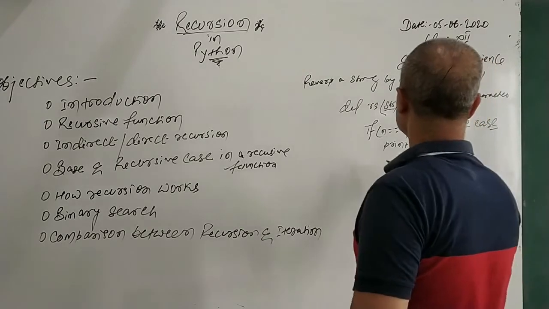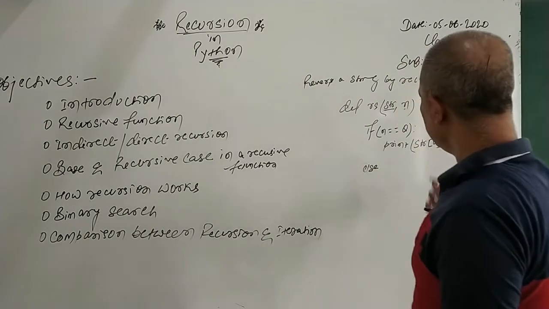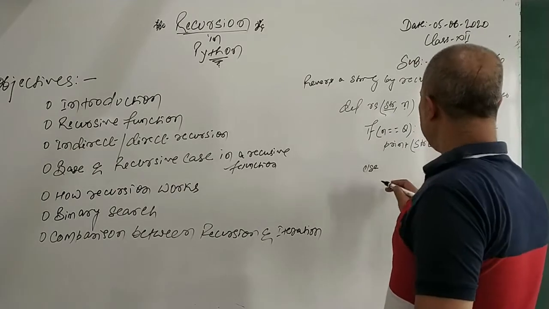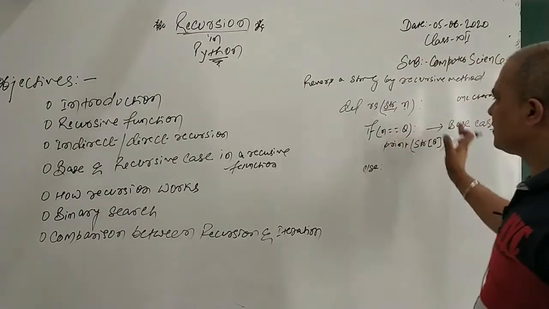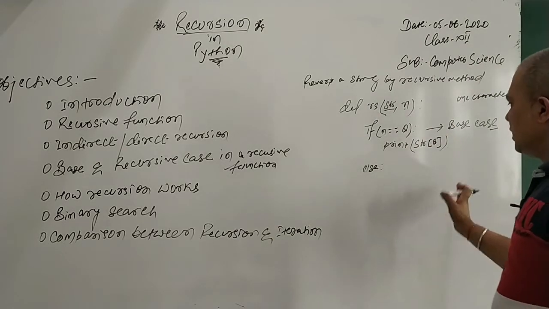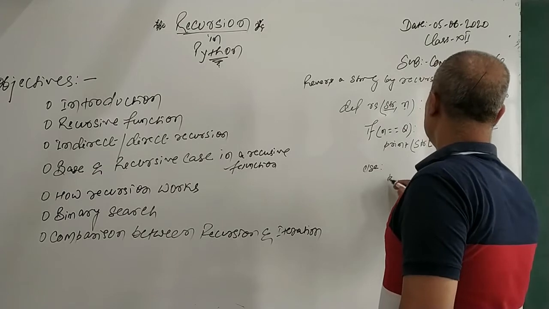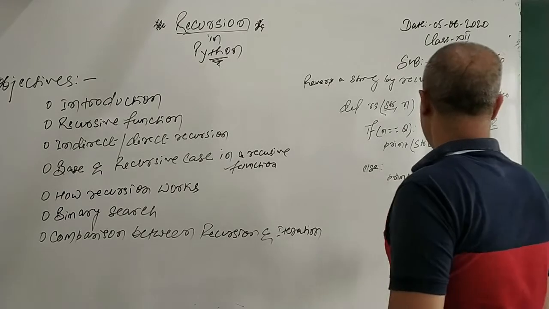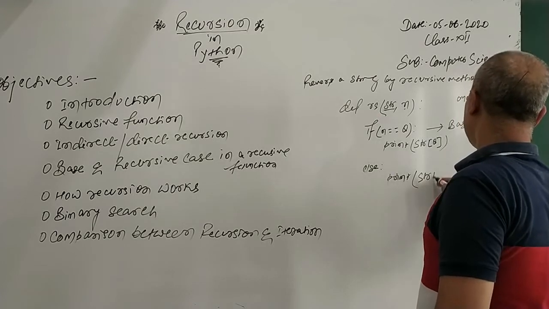Now you can say else, or you can say elif. Else means if this is not the case, it means value of n is greater than 0. Then in that case we have to say print, and then we are printing the str of n.